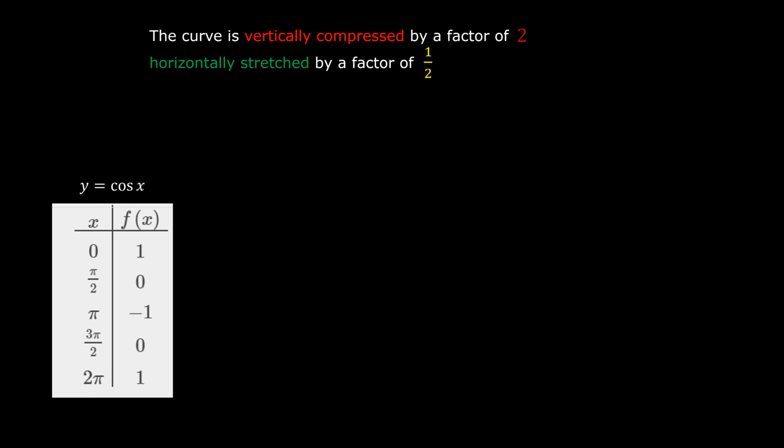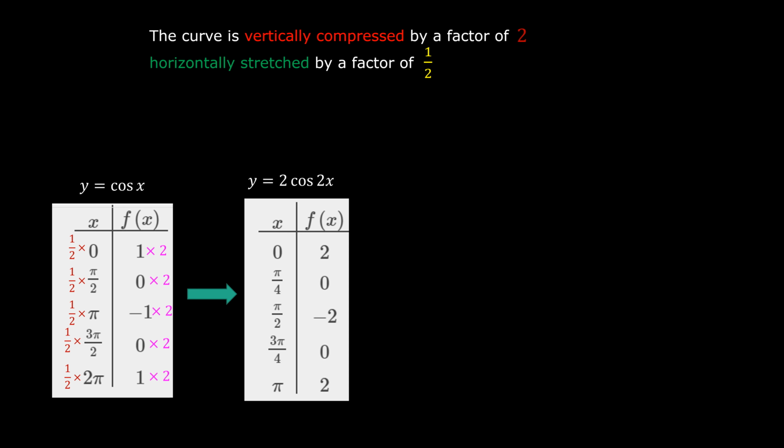Now, multiply the value of x by 1 over b, and multiply the value of y by a. So the new table for y equals 2 cosine 2x is these values: 0, pi over 4, pi over 2, 3 pi over 4, and pi, and the values of y are 2, 0, negative 2, 0, and 2.